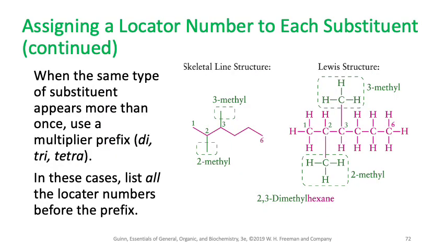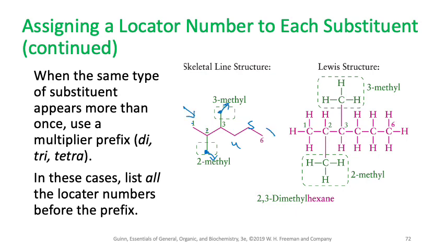Let's take this example one on this slide, right? So according to this example, we have the parent chain 1 2 3 4 5 6, and then this is not part of the parent chain, this is also not part of the parent chain. So this is a methyl group, this is a methyl group, right? So now why did we start the counting from this side?